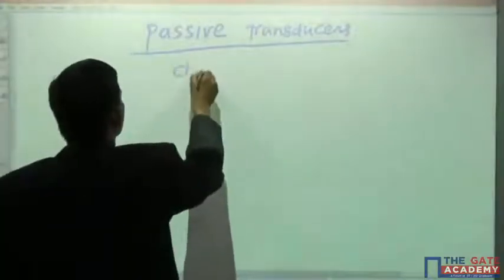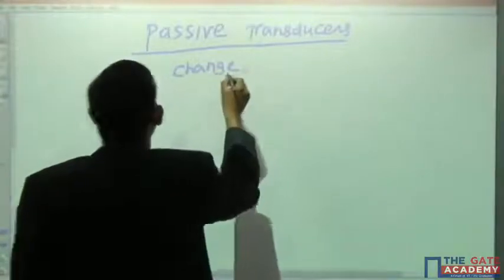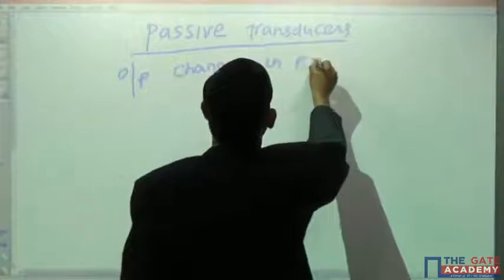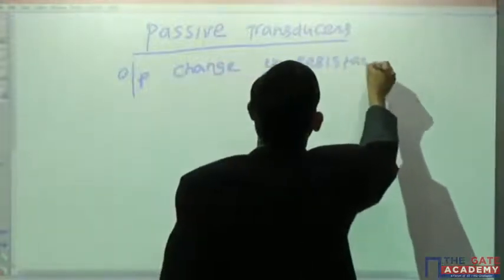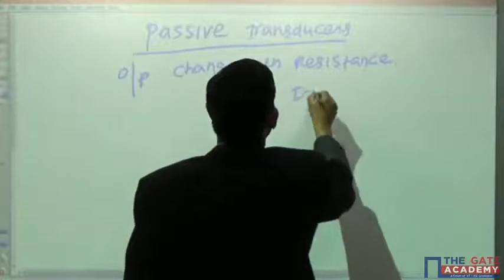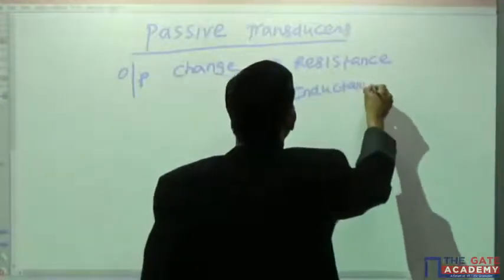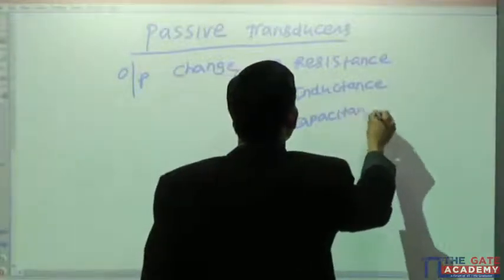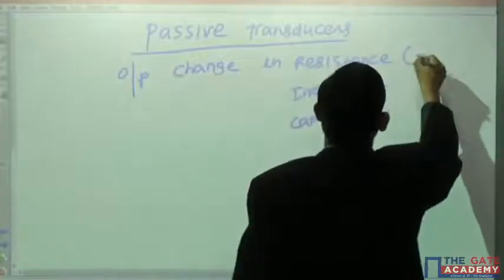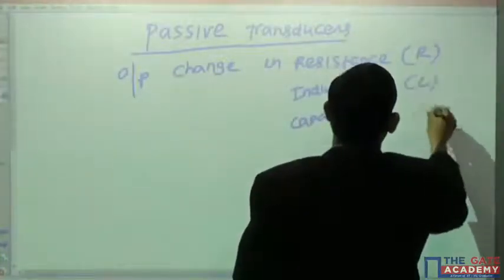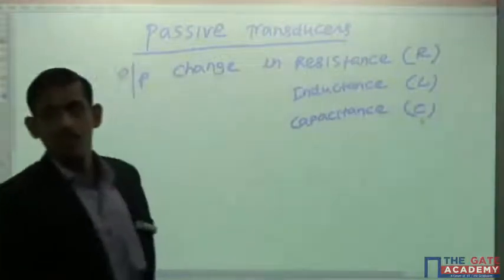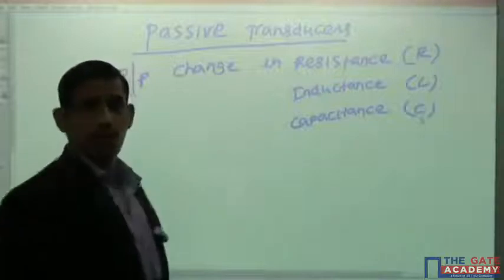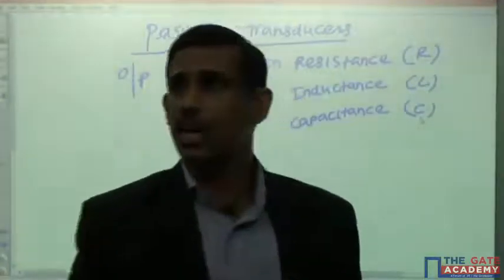The output should be a change in resistance, inductance, or capacitance, that is R, L and C. This is very important. Your output should be a change in the resistance or inductance or capacitance.